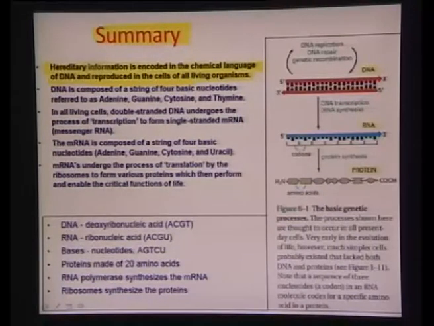The DNA is comprised of 4 basic groups: adenine, guanine, cytosine, thymine. In all living cells this double stranded DNA undergoes transcription to form single stranded messenger RNA, which is a much more compressed code of information than that on the DNA itself.